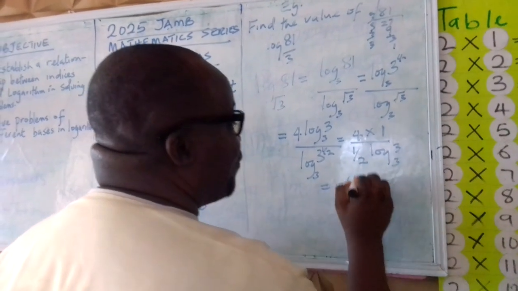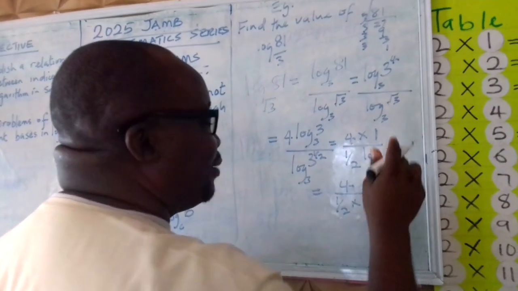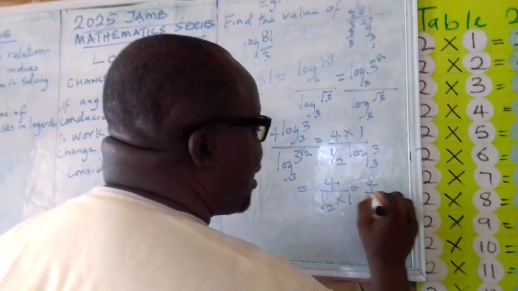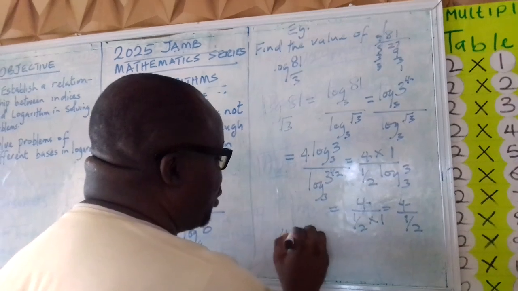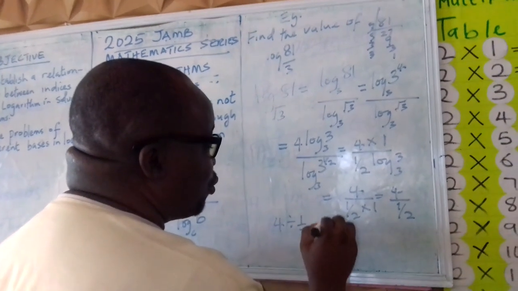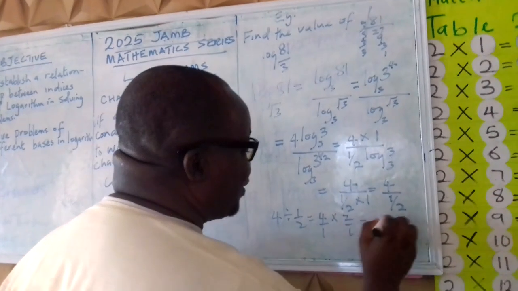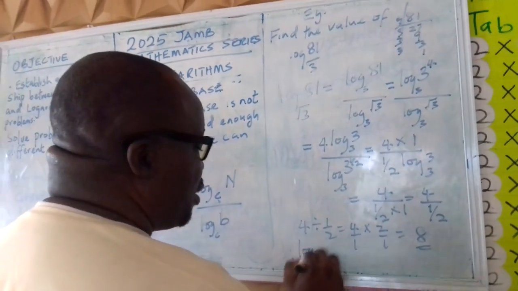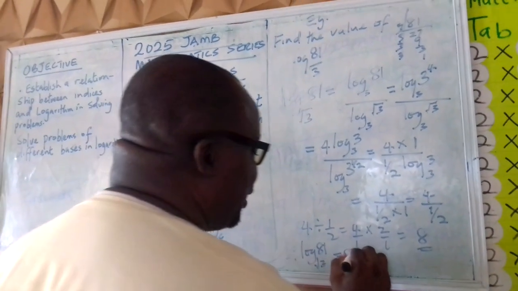That gives me 4 over half times 1, which is 4 divided by half. And what is 4 divided by half? Simple: 4 over 1 times 2 over 1. That gives me 8.